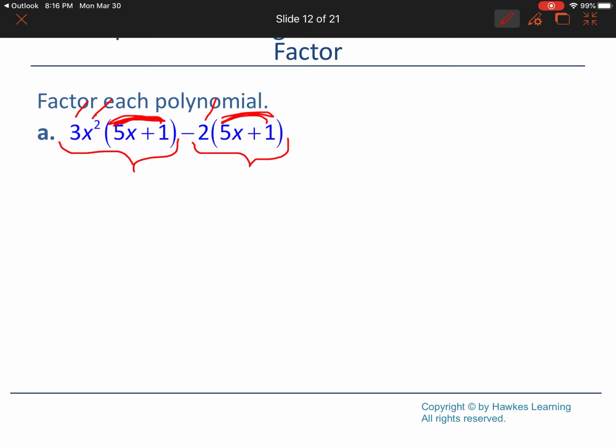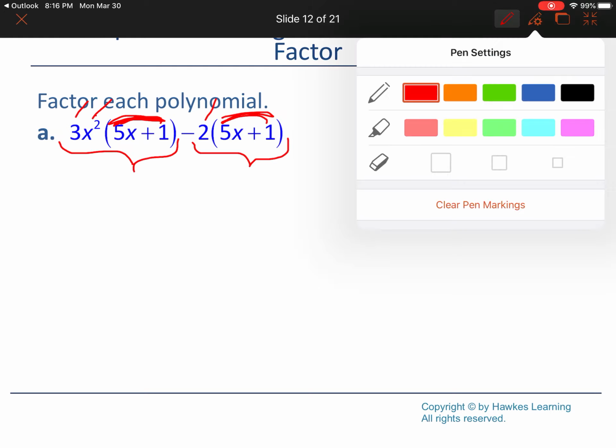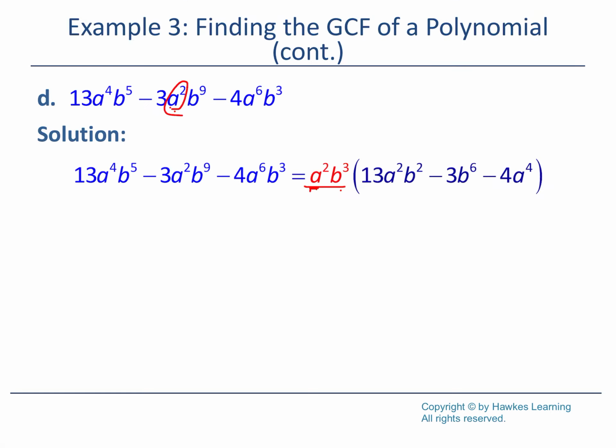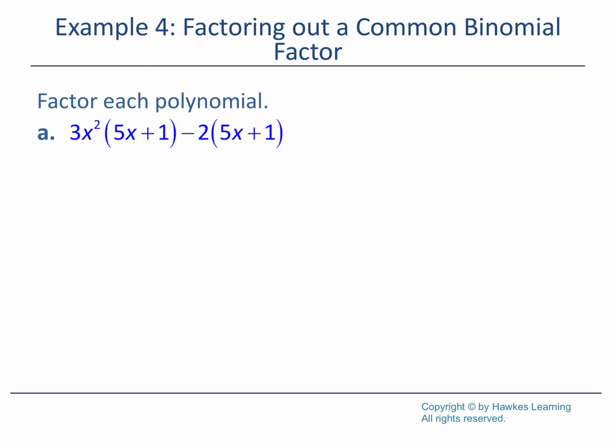It's all one factor. Here we have a 2 and a 5x plus 1. All one factor. That 5x plus 1 is a factor because it's multiplied. So since we are factoring the greatest common factor, that 5x plus 1, that is a common factor. Okay, and so since it's a common factor, we can factor it out, right?